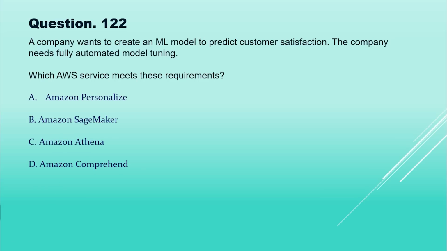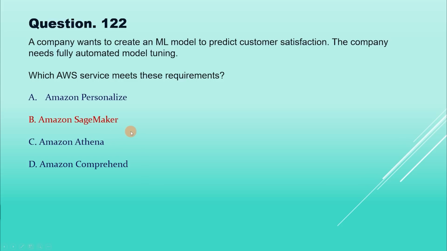So try to guess the correct answer. And the correct answer here will be option B, Amazon SageMaker, because Amazon SageMaker provides fully automated model tuning capabilities through its hyperparameter optimization features. So Amazon SageMaker, option B, is correct here.